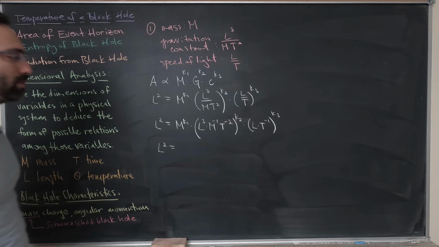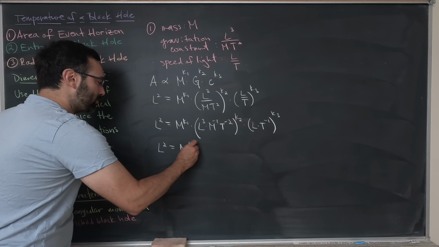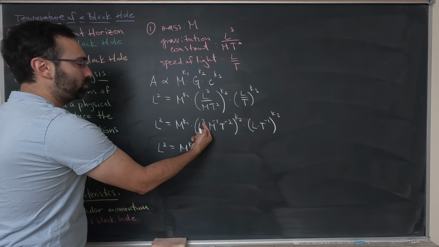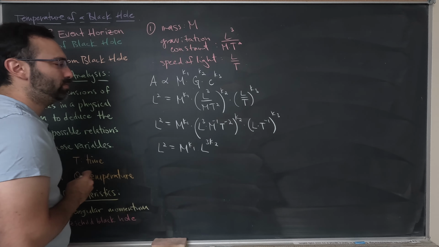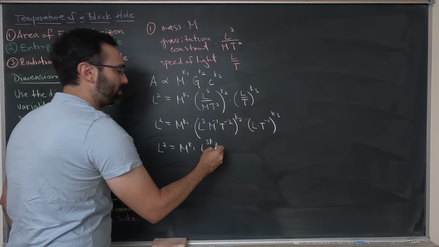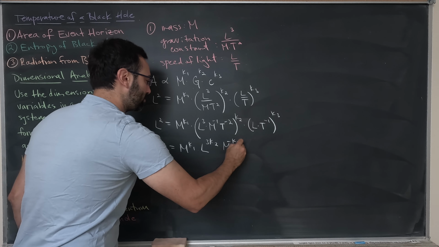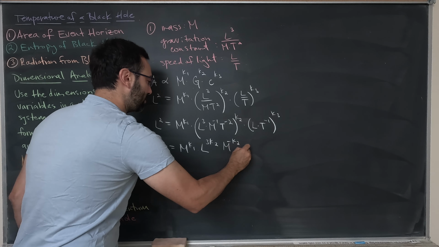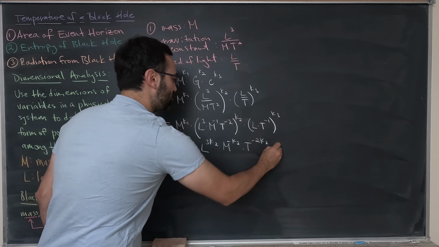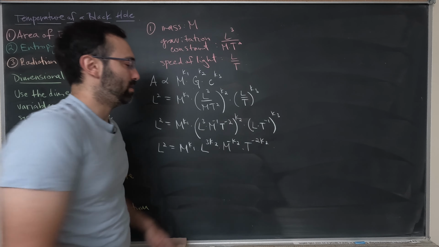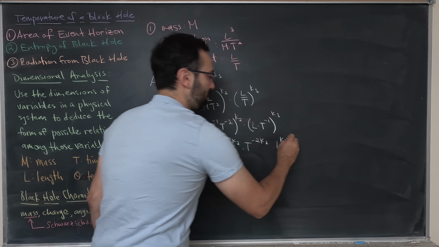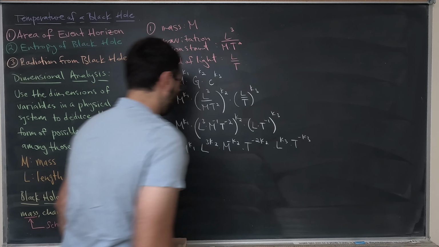On the right-hand side we have the following: m to the power k1, L cubed to the power k2, that's L to the power 3k2, m to the power minus 1 to the power k2, that's m to the minus k2, and then t to the power minus 2 to the power k2, that's t to the minus 2k2. And then we have L to the power k3, and t to the power minus 1 to the power k3 gives us t to the minus k3.